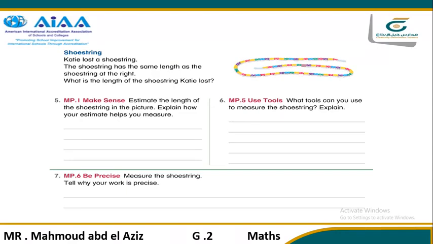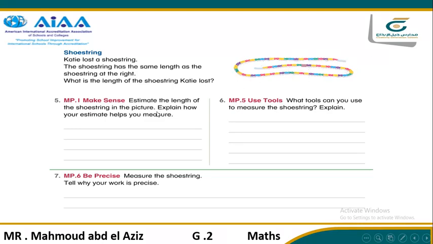With another question. Katie lost a shoestring. The shoestring has the same length as the shoestring at the right. What is the length of the shoestring Katie lost? We have here a shoestring, and she lost one like this one.